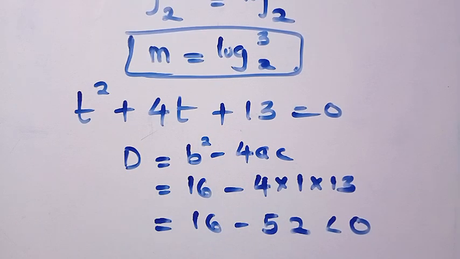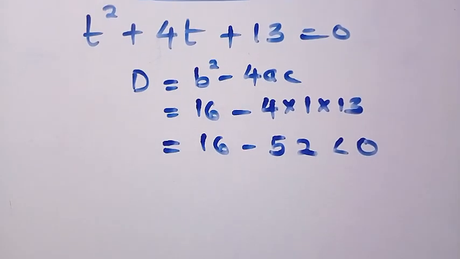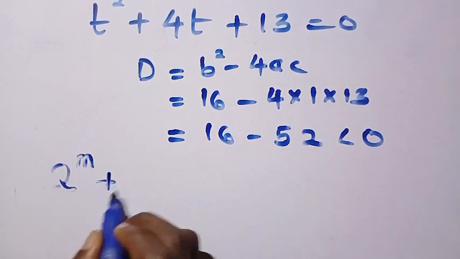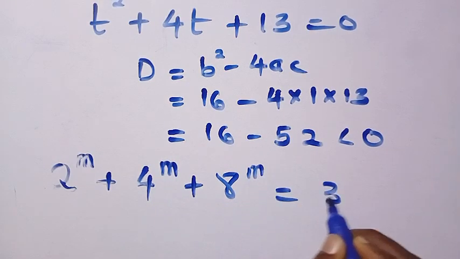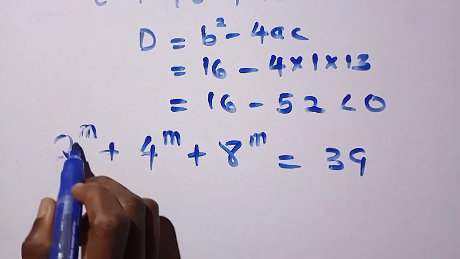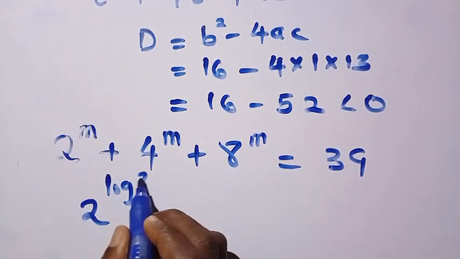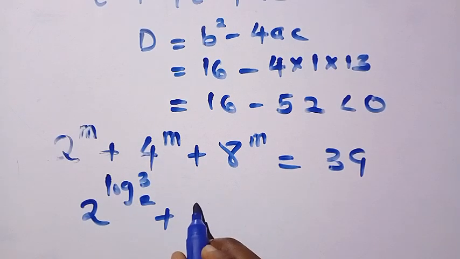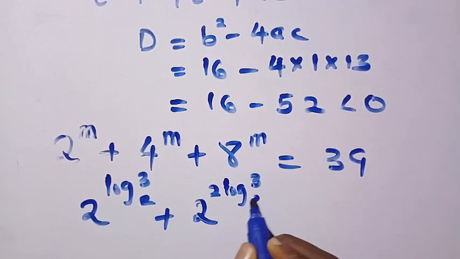After ignoring this, I want to verify whether m equals log 3 base 2 really satisfies the given equation, 2 power m plus 4 power m plus 8 power m. We want to check if this equals 39. Changing m to log 3 base 2, we have this plus, and 4 we can write as 2 power of 2 multiplied by log 3 base 2.